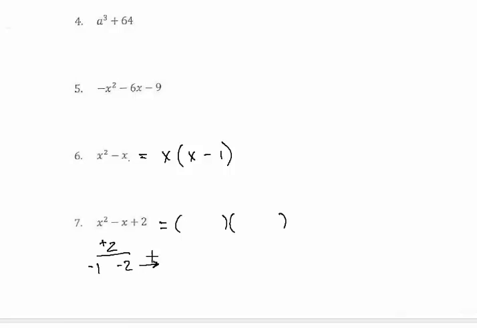And then we add them. Negative 1 plus a negative 2 gives me a negative 3, and that does not match b. So that tells me that this trinomial is prime. We cannot factor it this way.